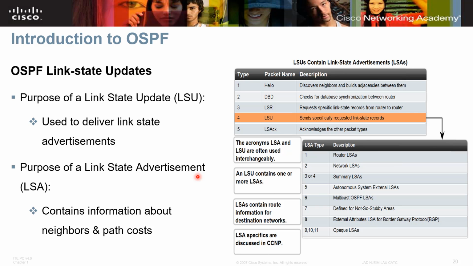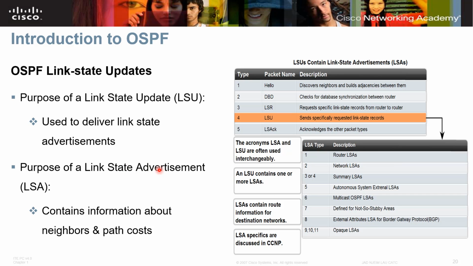Second most important packet is link state updates. The purpose of the link state update packet is to deliver a link state advertisement. And what's a link state advertisement? This advertisement contains information about the neighbors and the path cost. Each link state update packet can contain multiple advertisements, so multiple information about multiple links.